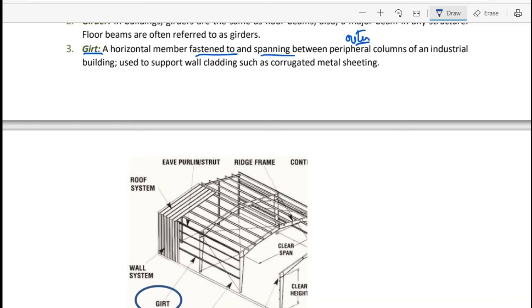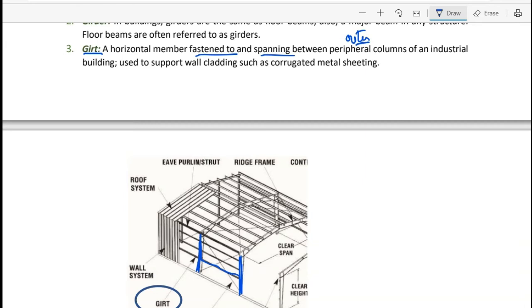See here, this is a column. This is an outer column and this is an outer column in this structure. Please see the below diagram. And now see here, there are horizontal members running from outer column to another outer column, right?